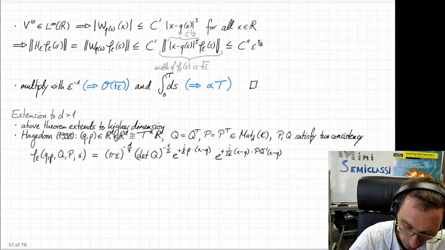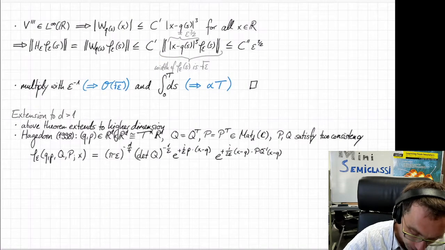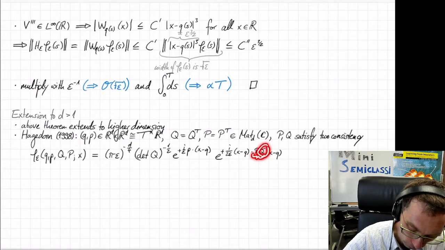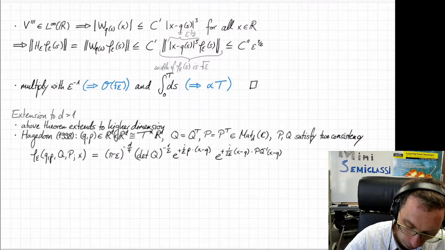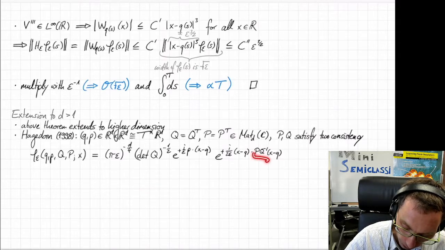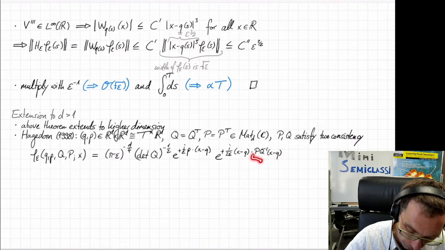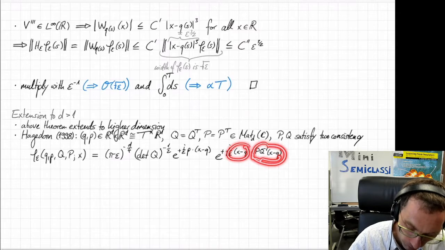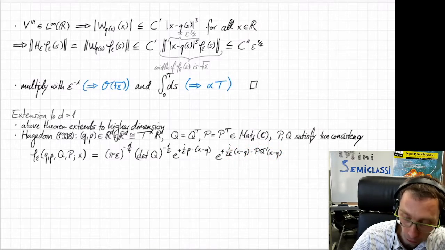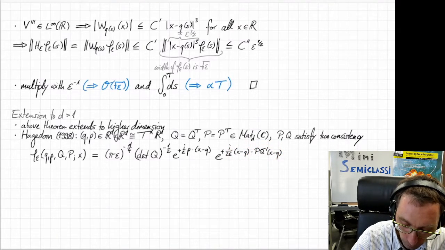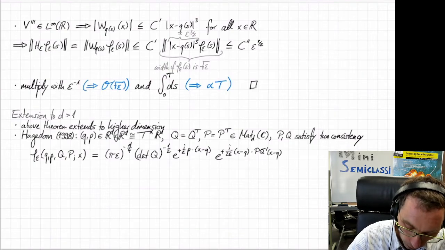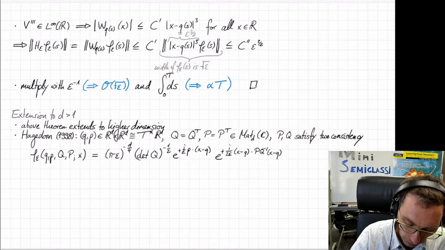So just a quick consistency check. If you believe that the matrix Q is invertible, this is the product of two d by d matrices. It's a d by d matrix. So this is a d by d matrix applied to a d vector, which gives me a d vector. So this is a good argument for the dot product. And so this is just the dot product of two vectors in R^d.